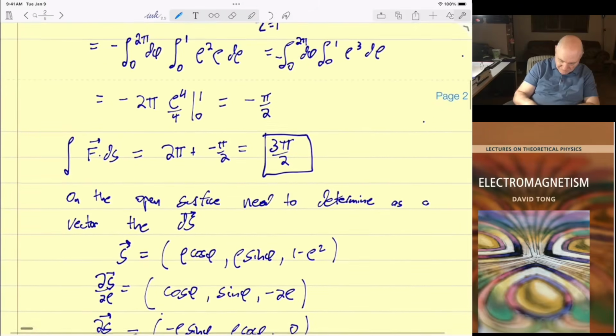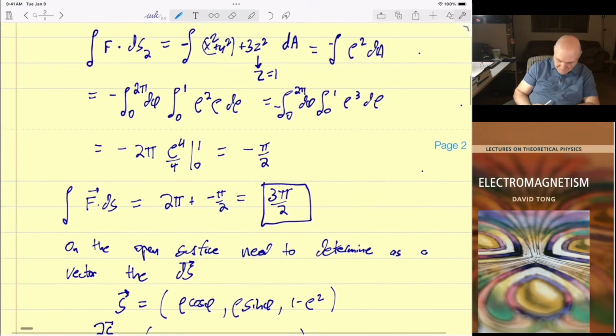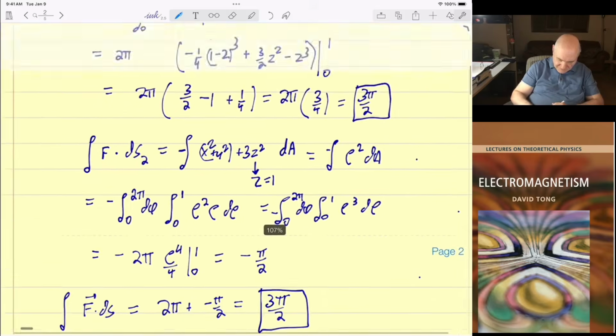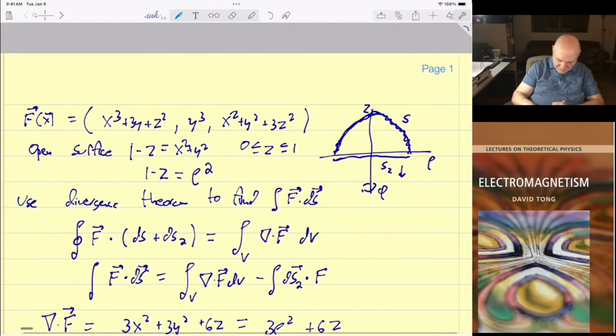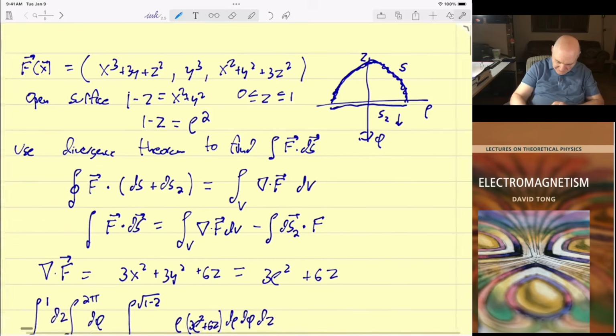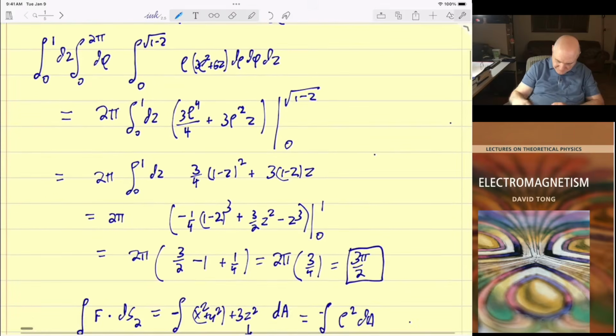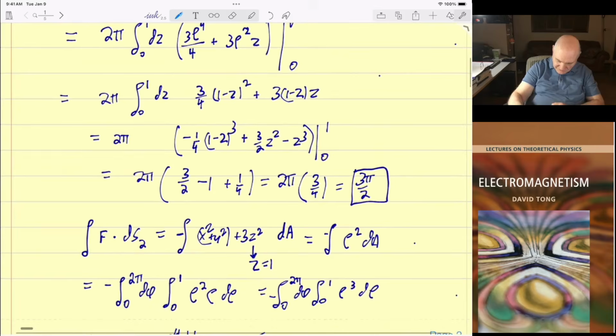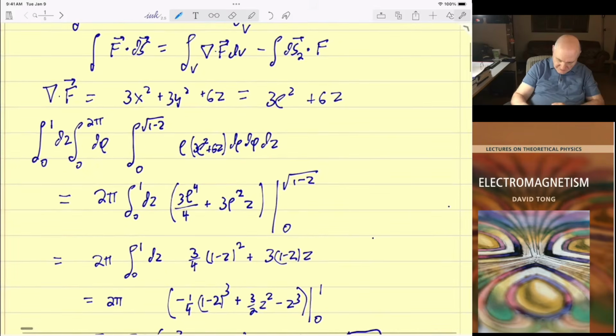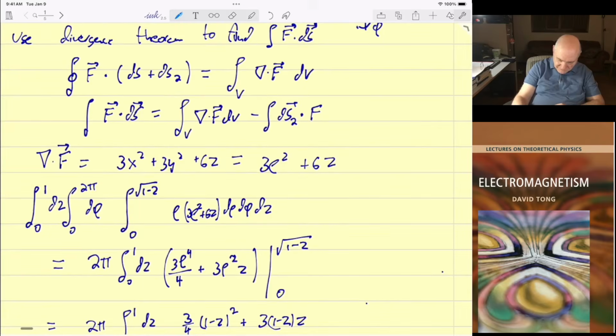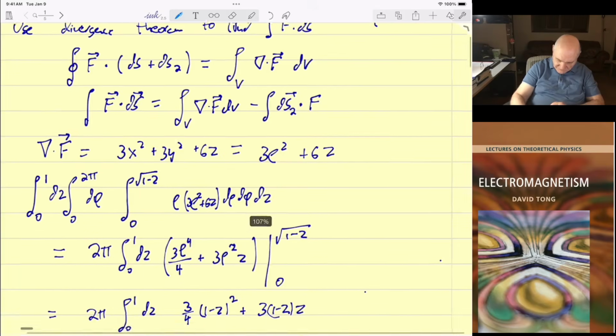And somehow I wrote that wrong earlier. I'm doing something wrong here. Let me go back up here. Okay, so when I did the divergence thing, I got 3 pi over 2. And then I said what I want to do is the divergence integral minus the integral over dS2.